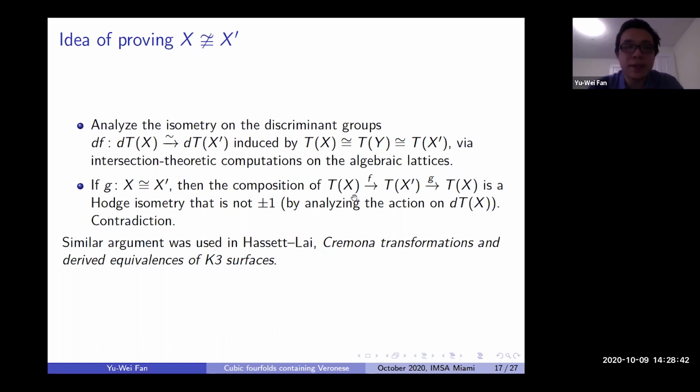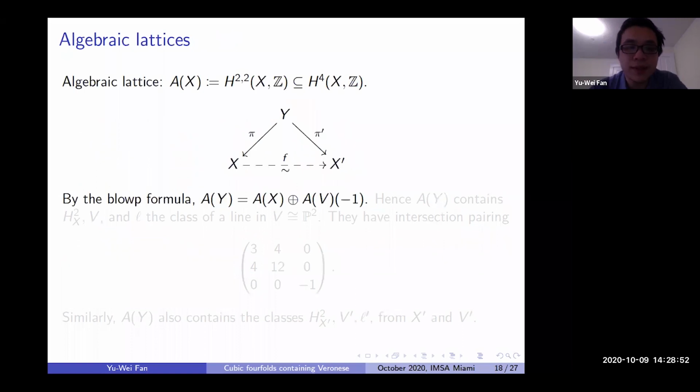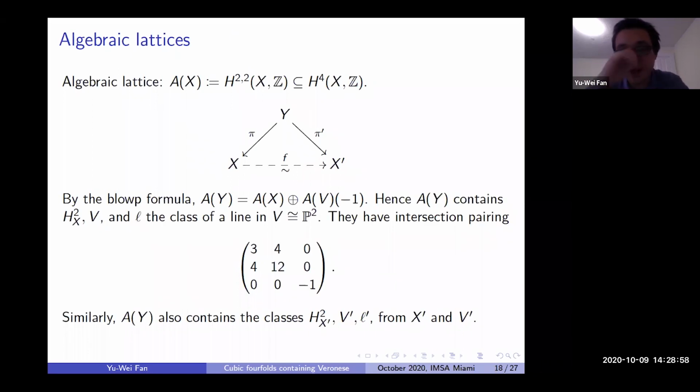It's a similar argument to the one used in the work of Hassett and Lai. Okay. So this is just recalling the algebraic lattice, and they're identified. So the algebraic lattices on Y and X are related in this way.